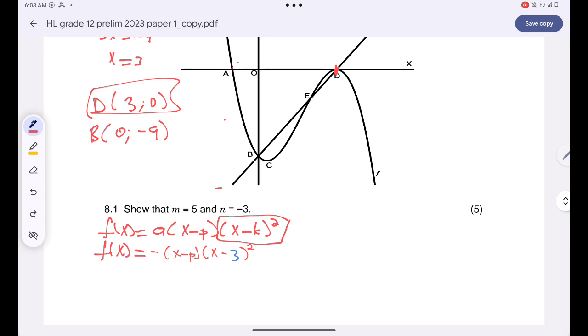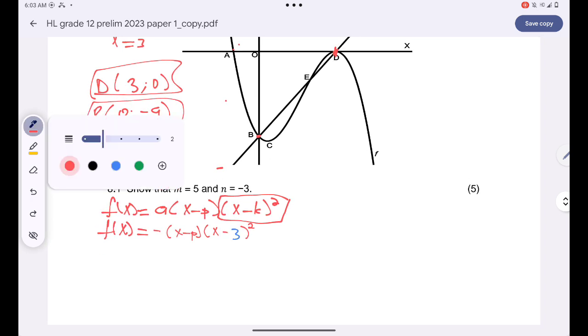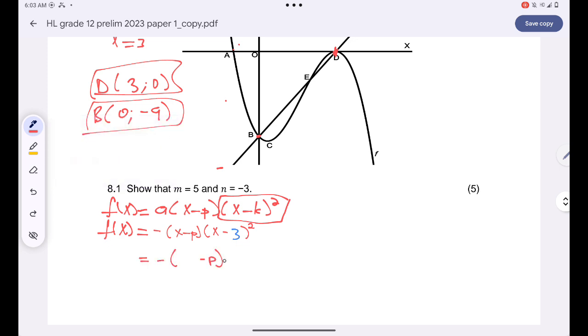By just substituting any extra point. I know the coordinates of B, and for B, I know that y is equal to -9 when x is equal to 0.